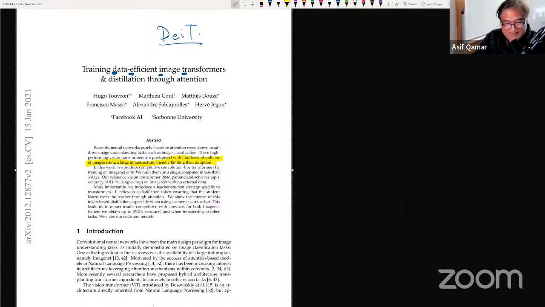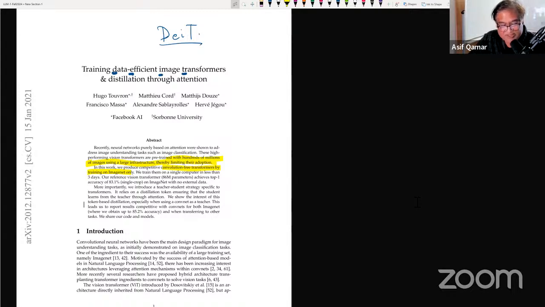We produce a competitive convolution-free transformer by training on ImageNet only, and that is the remarkable thing, right? That it's a publicly available data. We train them on a single computer in less than 3 days. That is the remarkable thing. You realize that something that was big science, a big engineering, just became feasible at a reasonable scale in this paper. Right?